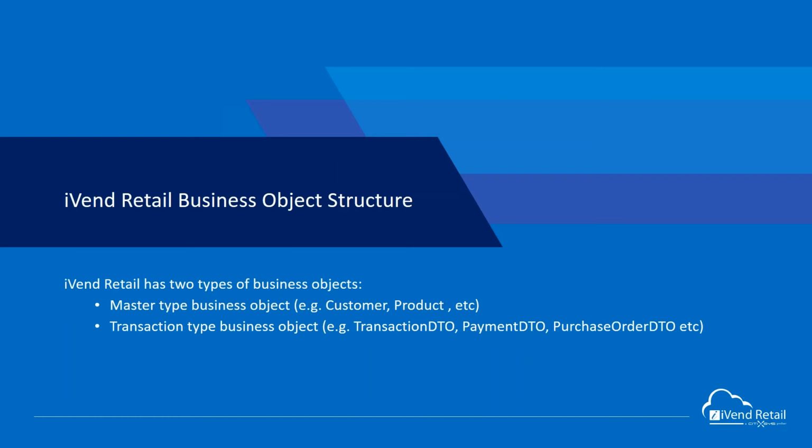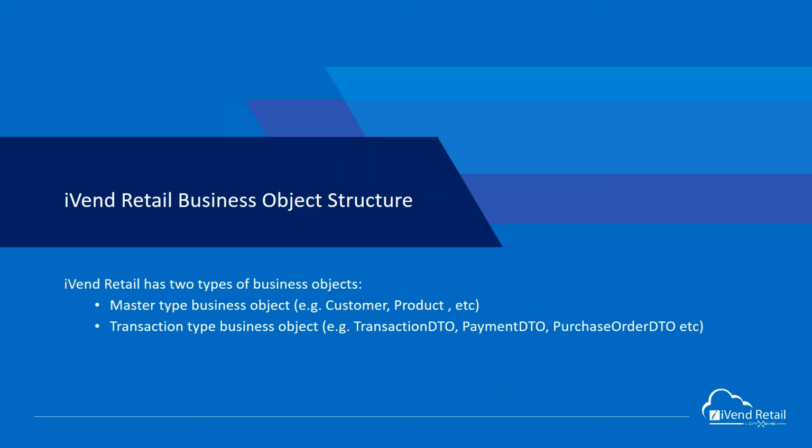All right. Now, when we talk about iVend retail business object structure, generally we have two different types of objects. One is master type business object, another is transaction type business object.